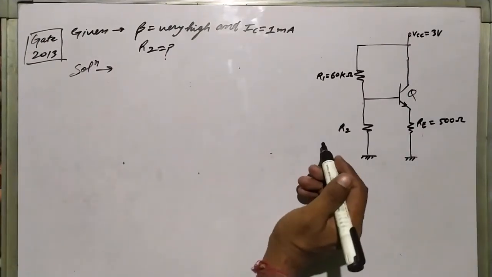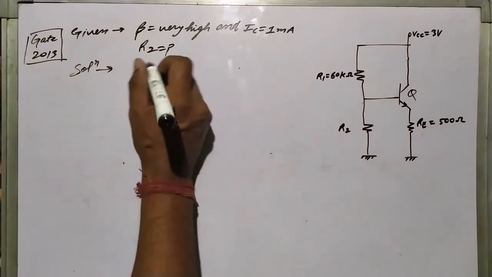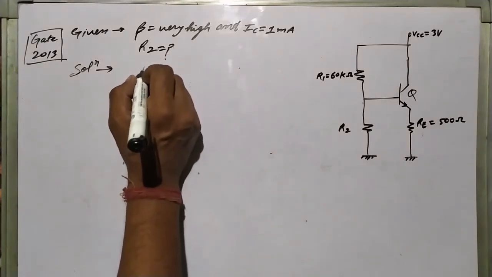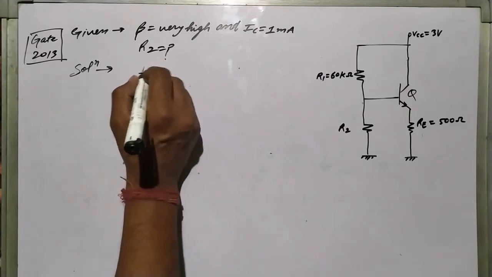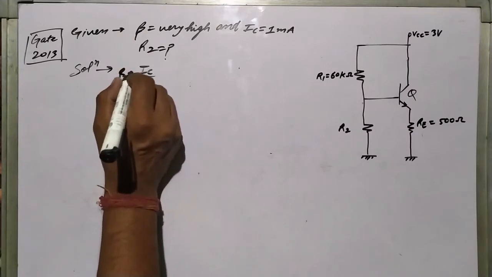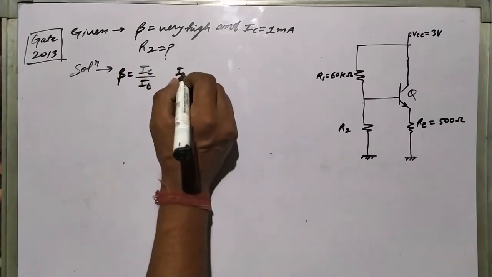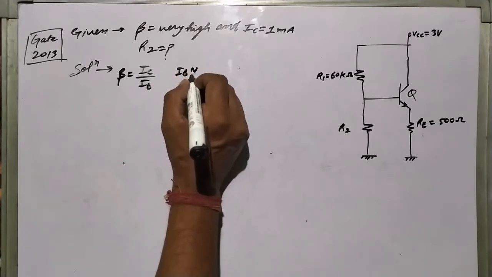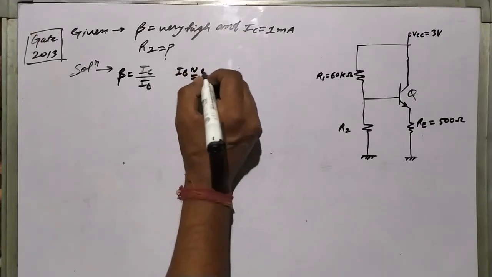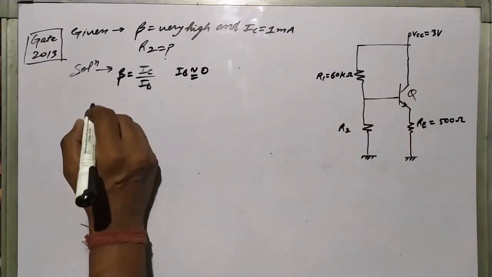In this question it is given that beta is very high. Since beta is very high, our IB must be approximately equal to 0, because beta equals IC by IB. By the Thevenin theorem you can calculate the VTH.